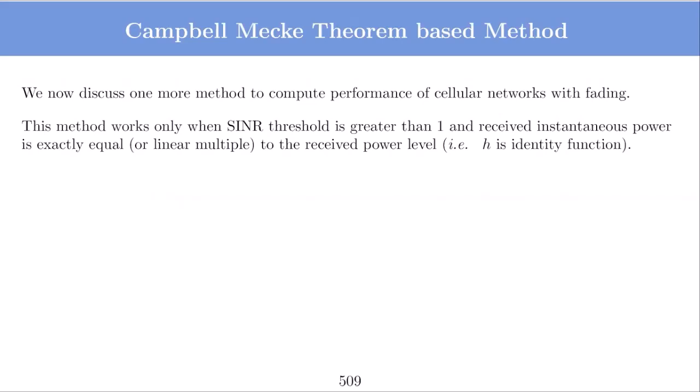Remember, in the general cellular definition, we have a received power level, and this works when the value you are making a decision on, which is the received power level, is the same as the instantaneous power.